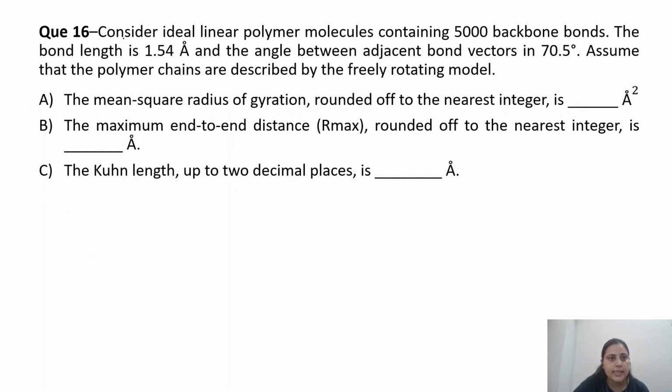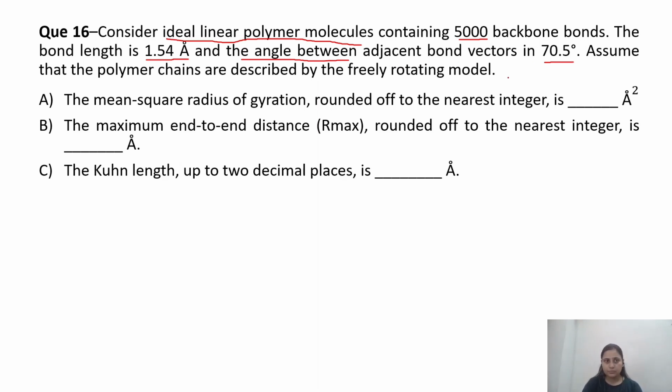Question 16 says that we need to consider an ideal linear polymer molecule having 5000 backbone bonds, meaning its n value is 5000. The bond length, which is the C-C bond length, is given as 1.54 angstrom. The angle between adjacent bond vectors is 70.5, so the theta value is also given.